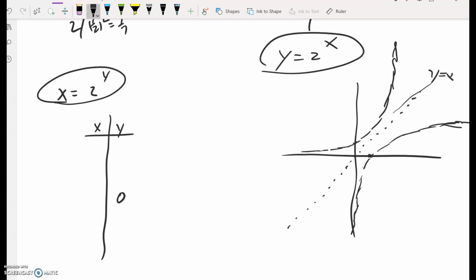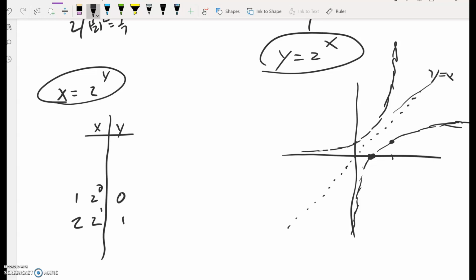If we put in y equals 0, we get 2 to the 0, or 1 for x, and there's our point, 1, 0. That feels pretty good. Let's put in 1 for y, and we'll get 2 to the first for x, and that's 2. So x equals 2, y equals 1, instead of x equals 1, y equals 2.